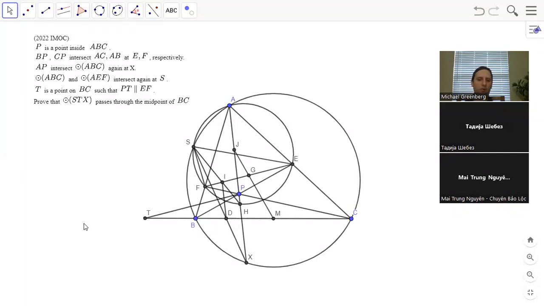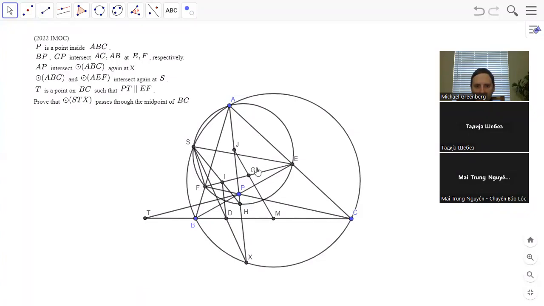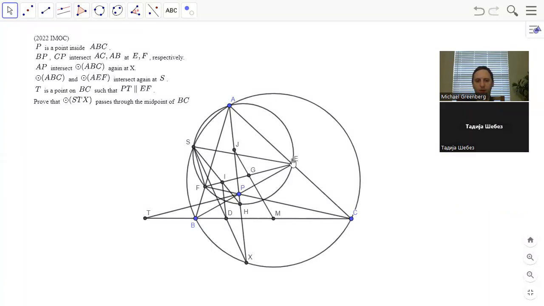So we want to find the ratio of sine EPG over sine FPG. And is that like FP over PE or PE over FP?